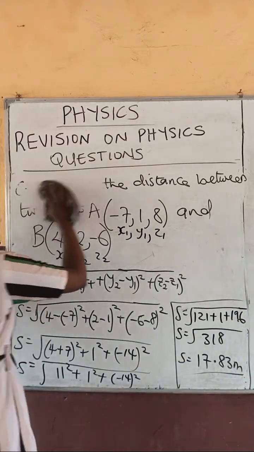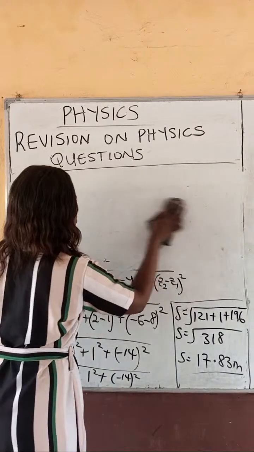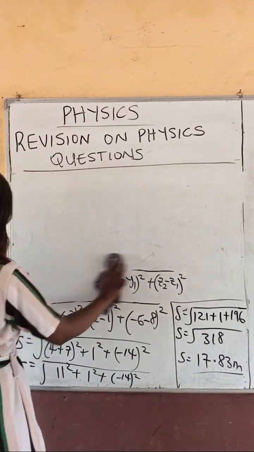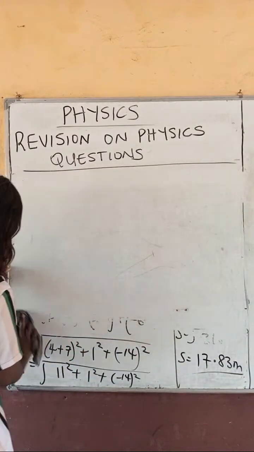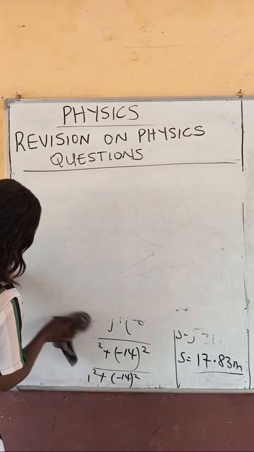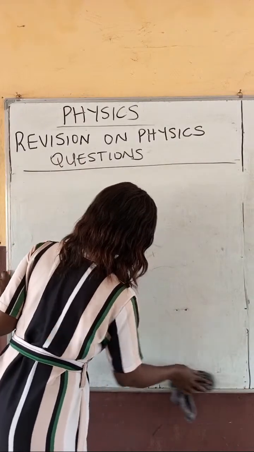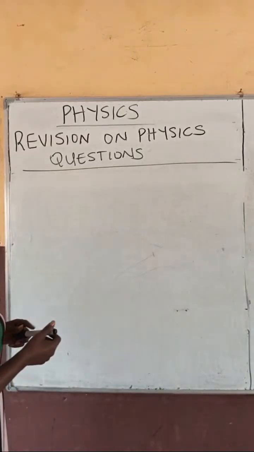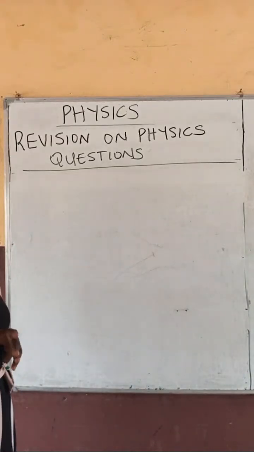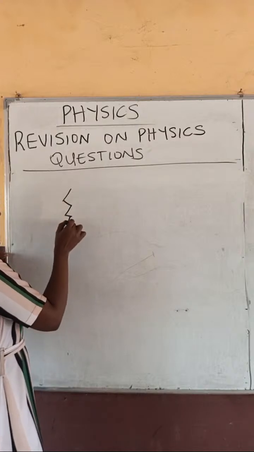Now, what I'm going to do, I'm going to draw a portion of a vernier caliper and ask you to take the reading because this is a revision class. Okay?